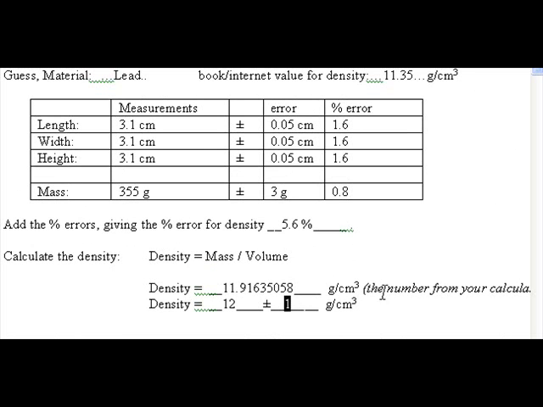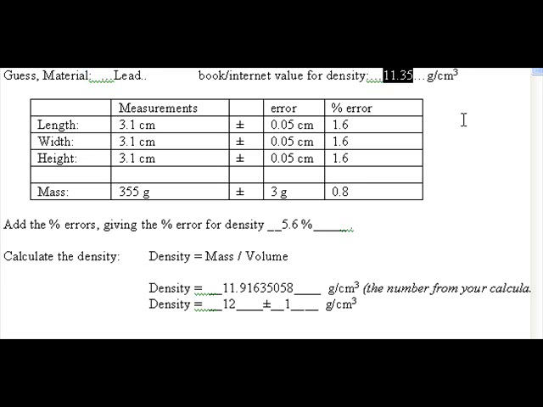Now, beyond that, I can also use my error of plus minus 1, and that gives me kind of an error range. So actually my measurement could be anywhere between 11 and 13. And now I compare it to the density that I found from the book or on the internet, and it says 11.35. And I say, well, because of my measurement error, I didn't come up with the exact number, 11.35, but I came up with 12.